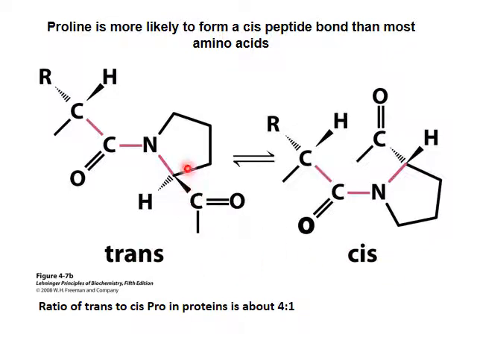But if this were some other amino acid, like alanine, or leucine, or isoleucine, or lysine, the trans form is favored over the cis form by 1,000-to-1. So this secondary amine aspect, the cyclic aspect of proline, affects the cis-trans isomerization about the peptide bonds.